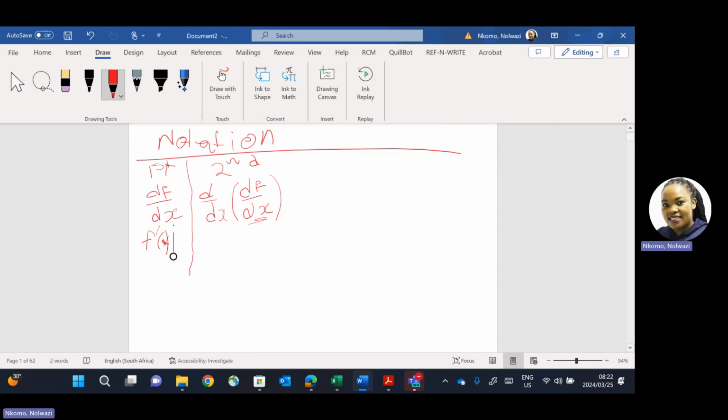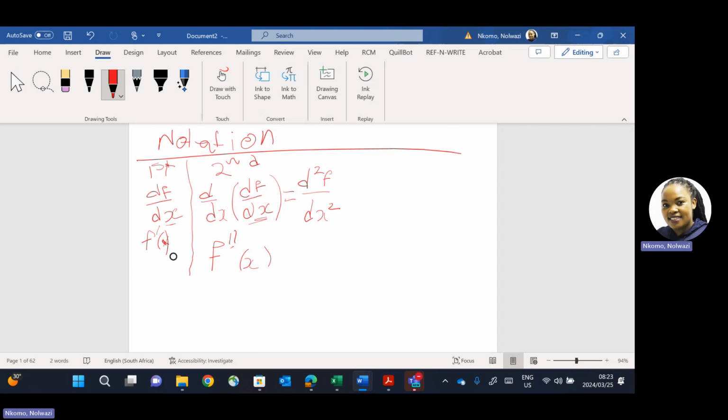To get the first derivative, you differentiate the given function f. Then to get the second derivative, you differentiate f prime to get f double prime. This equals d squared f over dx squared, and whenever you see double prime, that is a second derivative.